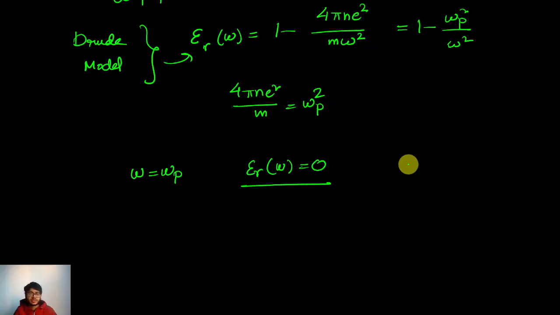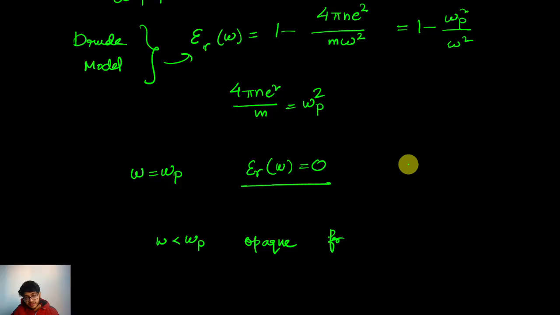It is not exactly right to think that the electric field does not interact, but the dielectric function becomes 0, which has a lot of physical and mathematical consequences. This can be more accurately thought of as electrons sloshing in resonance with the electric field, and for omega less than omega p, the material is opaque.